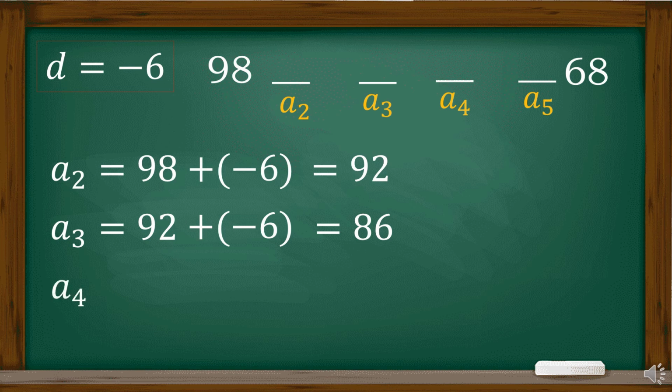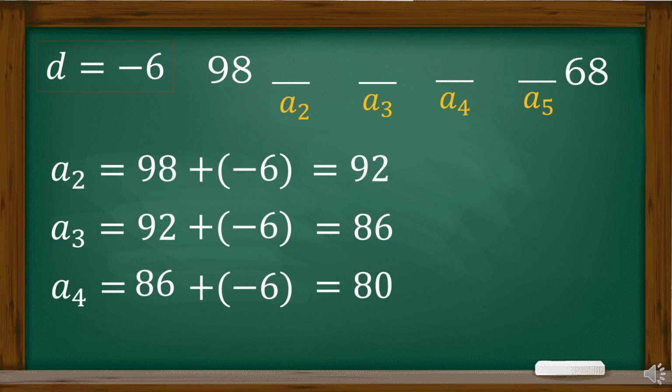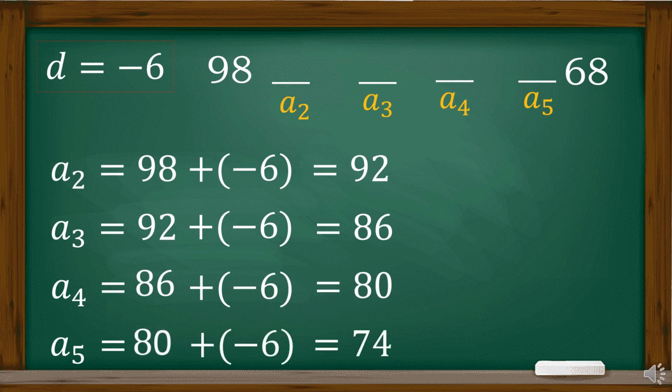For the third arithmetic mean, which is our a sub 4, we will add the third term 86 and negative 6, and that is equal to 80. For the last arithmetic mean, which is a sub 5, we will add 80 and negative 6, and that is equal to 74.